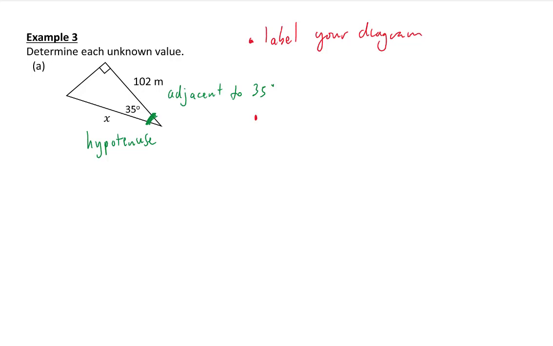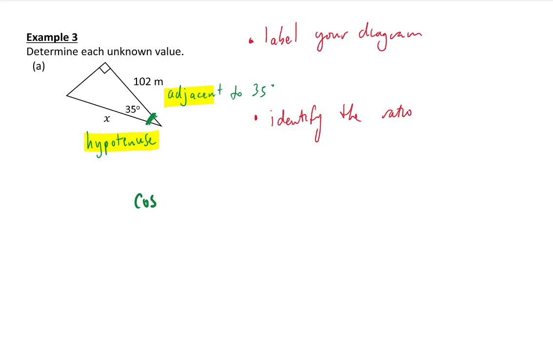Second thing, we need to identify the ratio. So since we have the words adjacent and hypotenuse, only one of those ratios has the adjacent and hypotenuse in it. And if you look for that, that would be the cosine ratio.